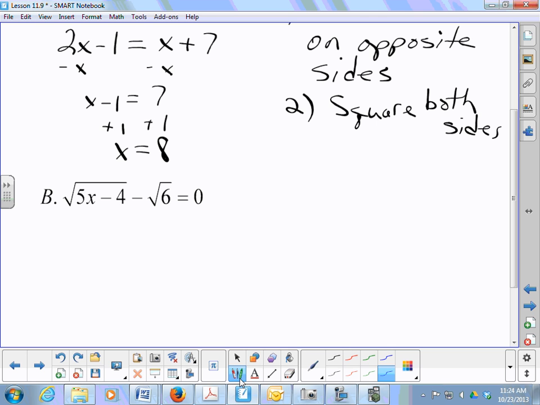We actually have to do it correctly. So we need to add the square root of 6 to both sides. Make sure you do it properly.